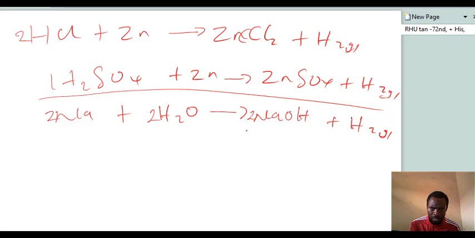I think it's balanced there: you are having 2 sodium, 4 hydrogen, 2 here, 2 here, 4. Oxygen is 2, 2. So that is the reaction. If it is in a limited supply of water, it is going to be Na2O, which is sodium oxide, plus H2.